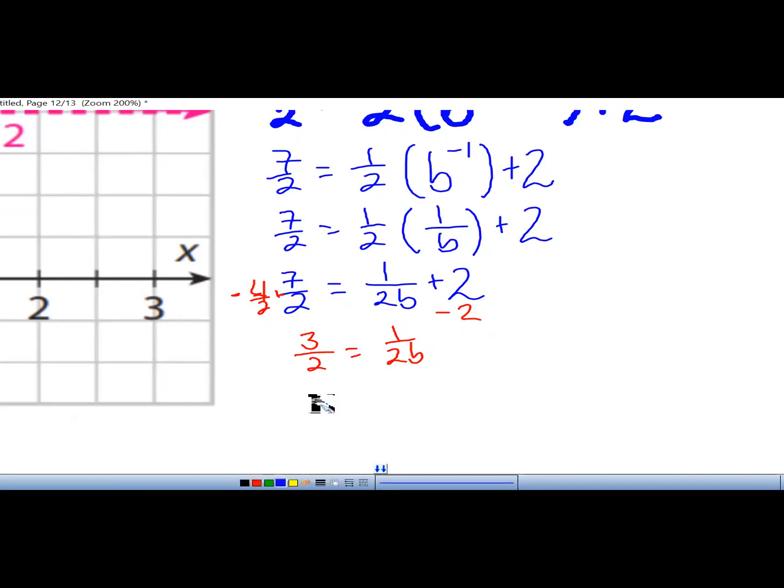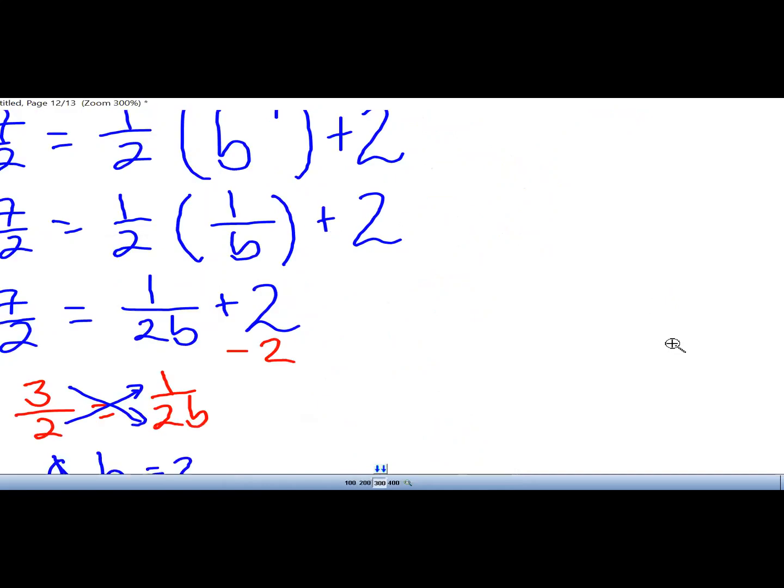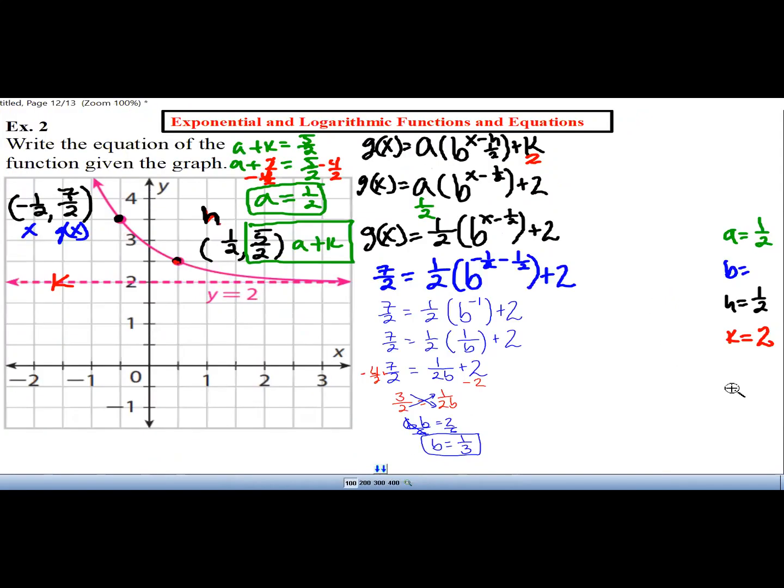And now that we have a proportion, 3 times 2b is 6b, and 2 times 1 is 2. So divide by 6, b equals 1/3. All right, let me zoom out. Let me write that over here. B is 1/3.